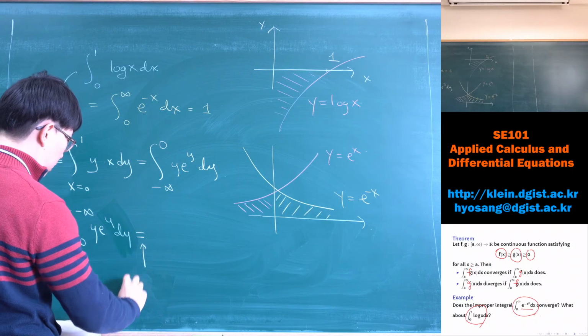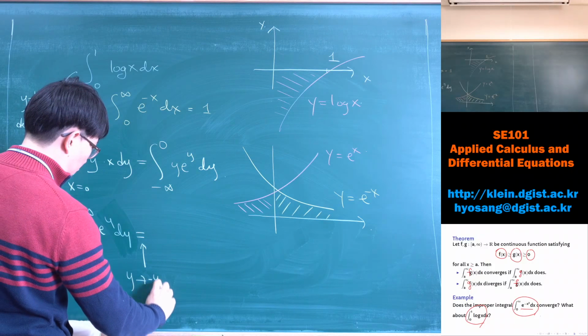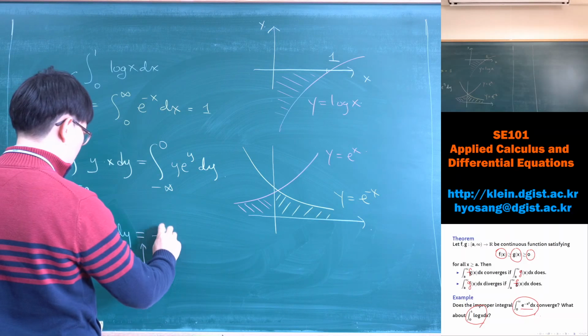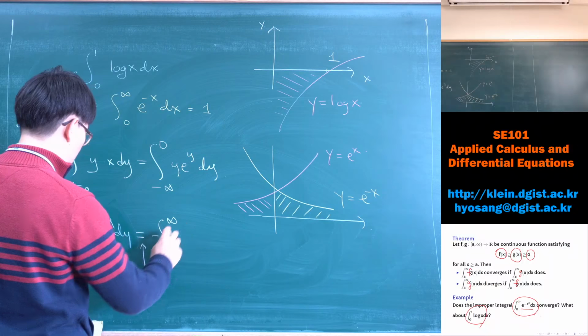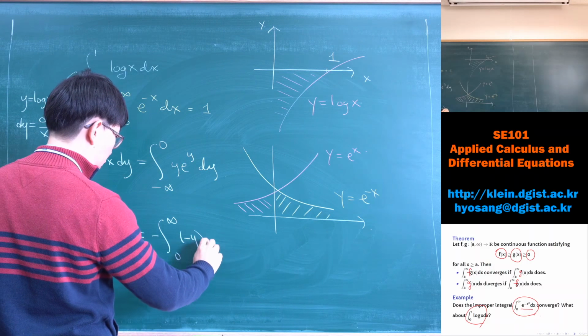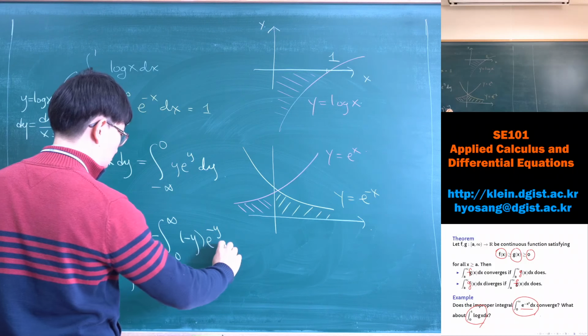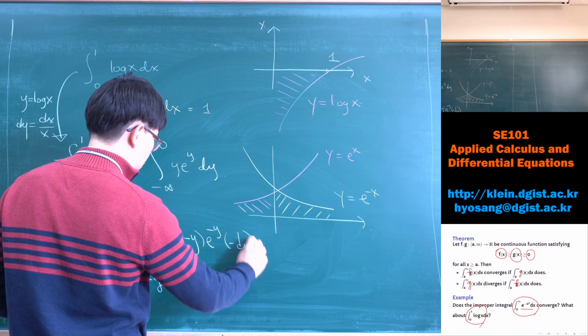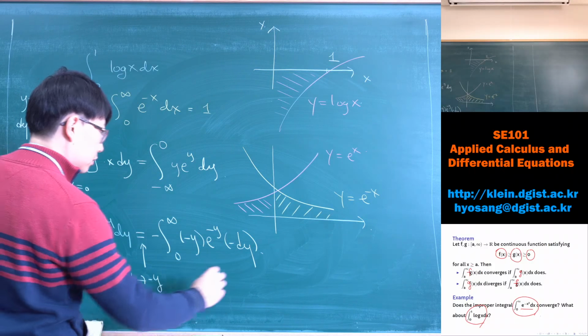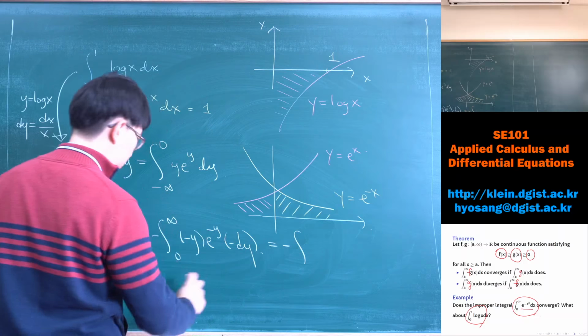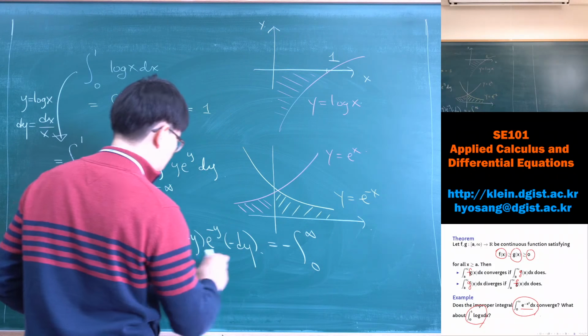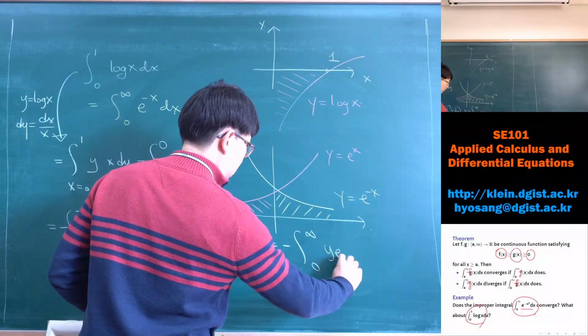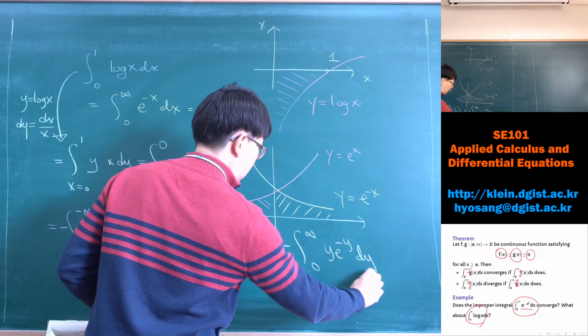And also, let's replace y with negative y. Then you get 0 to infinity of minus y e to the negative y, minus dy. So you get minus the integral from 0 to infinity of y e to the negative y dy.